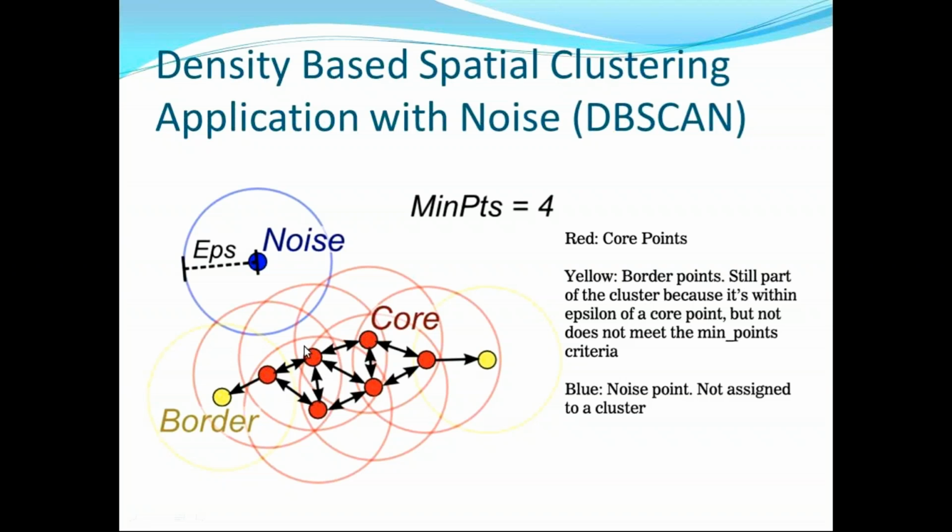Then you put a cutoff and say that all points which have, say, more than 4 points within the certain radius are called core points. And then you draw a line connecting them. You start with this core point and connect these 3.